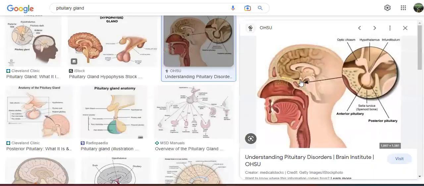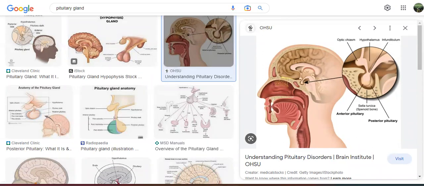Here we have the sphenoid bone. This is the nasal cavity, and the sphenoid cavity. From the sphenoid bone you can reach the sella turcica. This is the sella turcica, and attached along with this is the pituitary gland, the anterior pituitary gland and the posterior pituitary gland.